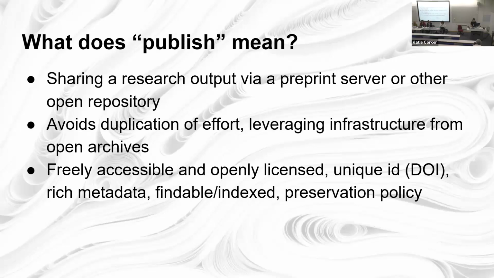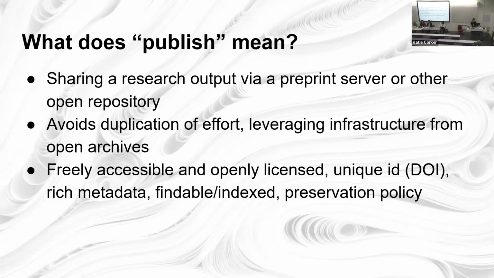So just to say a little bit more about defining each stage of the process. I'm going to go very quickly through this so I don't go over time. We define publish as sharing a research output via a preprint server or other open repository. This avoids duplication of effort, and it leverages the infrastructure that we have from open archives like institutional repositories, preprint servers, and so on.